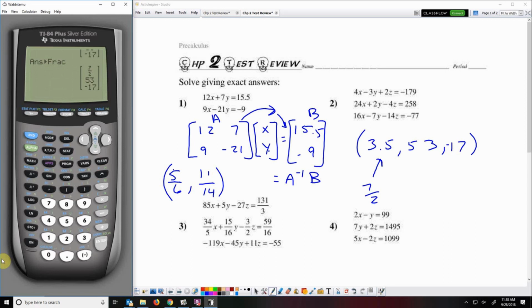Okay, my third one, these are pretty nasty equations right here, but with the calculator, they will not be a problem. So matrix, edit matrix 1, we're going to keep it as a 3x3. 85, 5, negative 27. 34 over 5, 15 over 16, and negative 3/2.